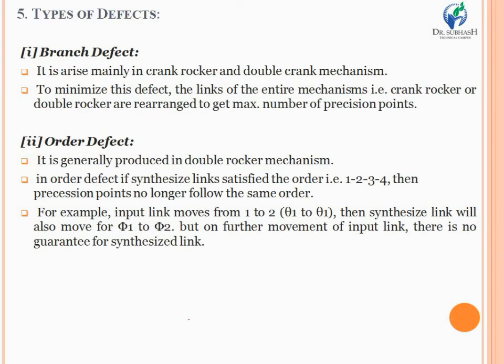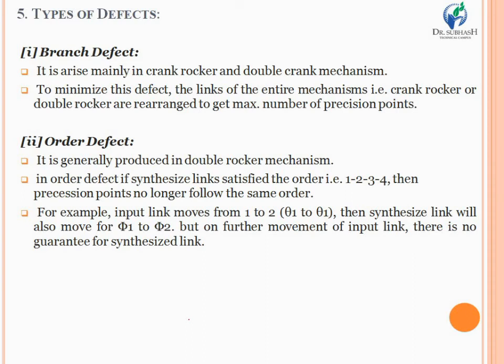And after that, the types of defect produced during the synthesizing of a mechanism are basically two types. One is a branch defect, another is the order defect. If we are talking about defect and error, generally in the case of a defect, the problem may occur due to some physical phenomena.